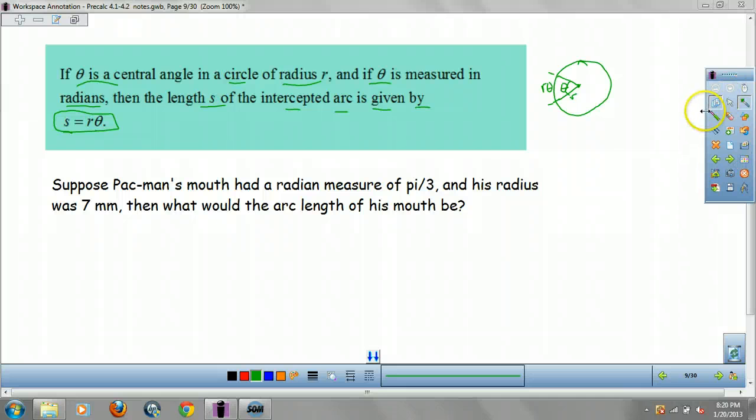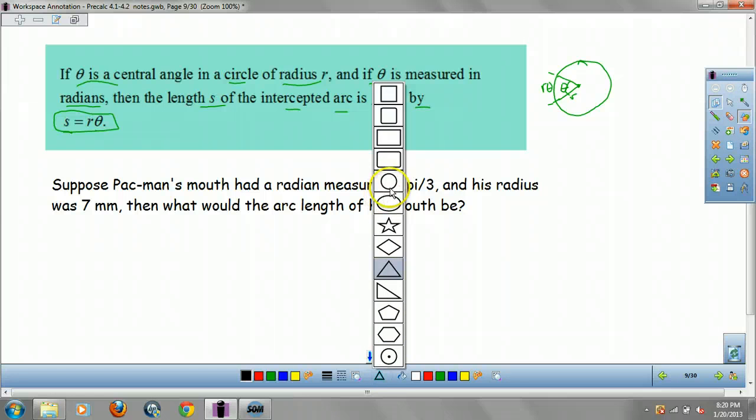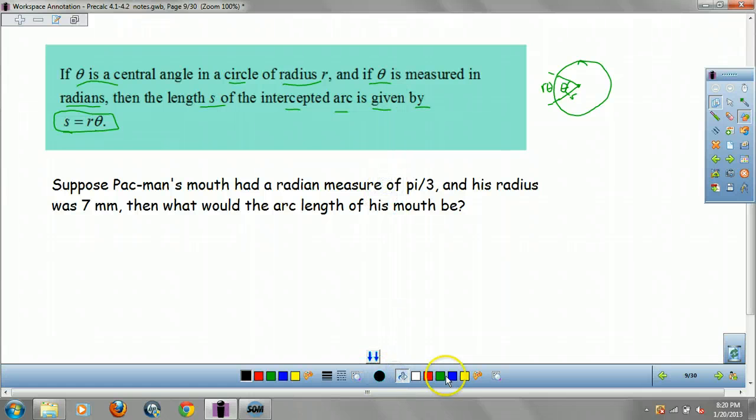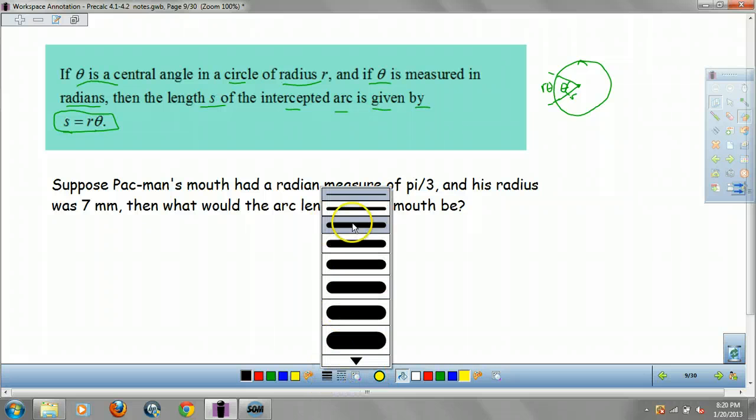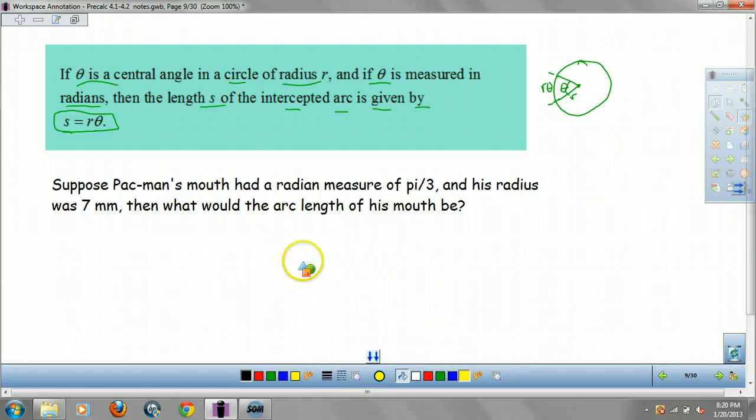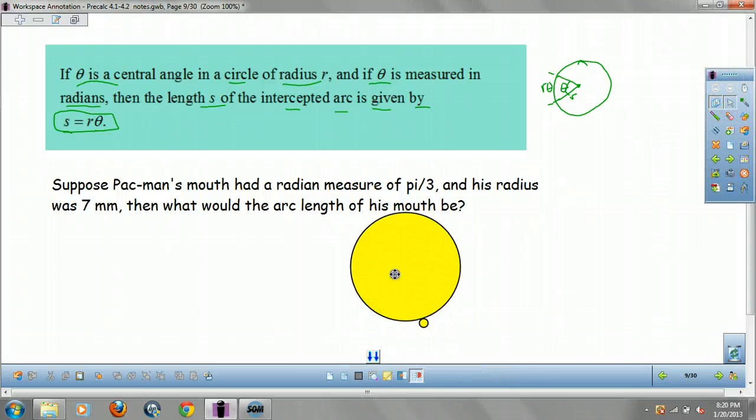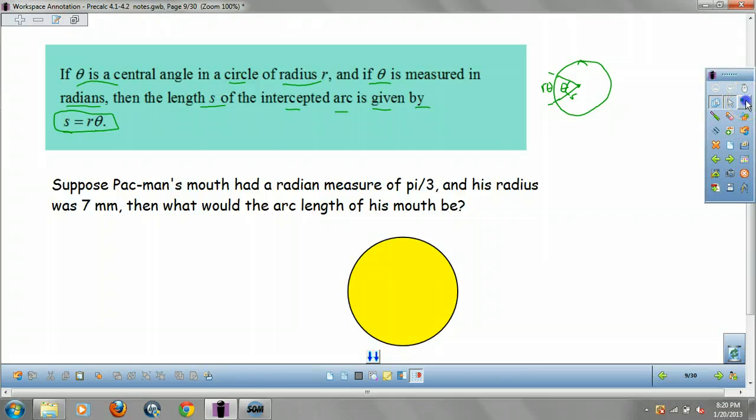Okay? So suppose Pac-Man's mouth. What's wrong? Suppose you knew someone named Pac-Man. Let's draw Pac-Man. Wrong color. Okay, suppose there's a Pac-Man, like this.